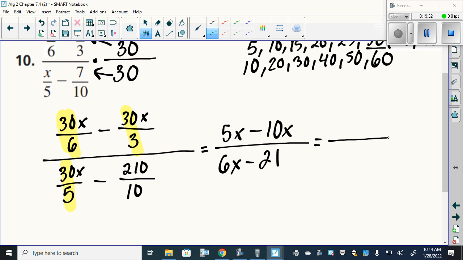So the numerator 5x minus 10x is negative 5x over 6x minus 21.